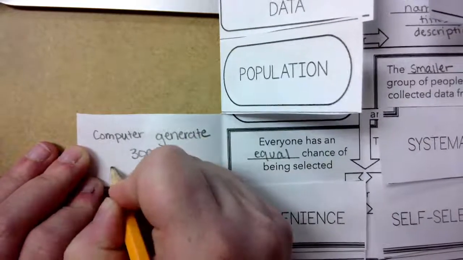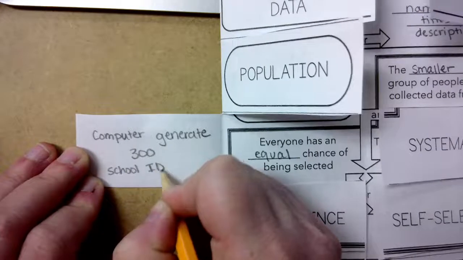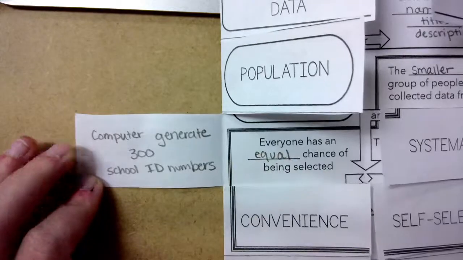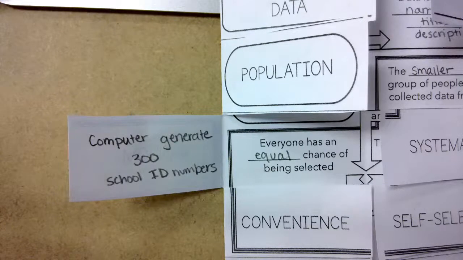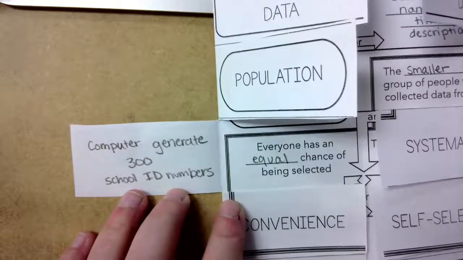Okay? All right, so system. What does it mean to have a system? Organization, regulation, there's rules. So in this case, there is a method to choosing participants. Okay, for example, maybe it's in an alphabetical list.